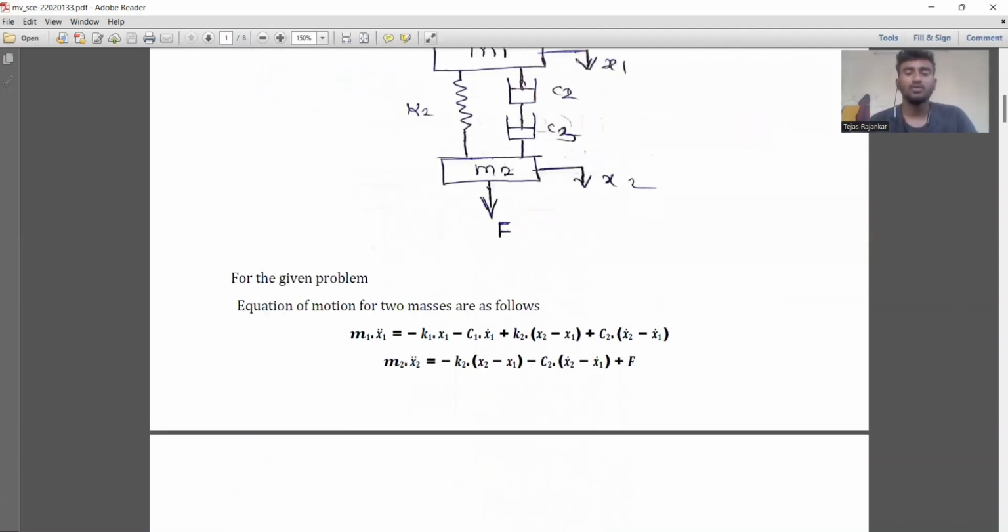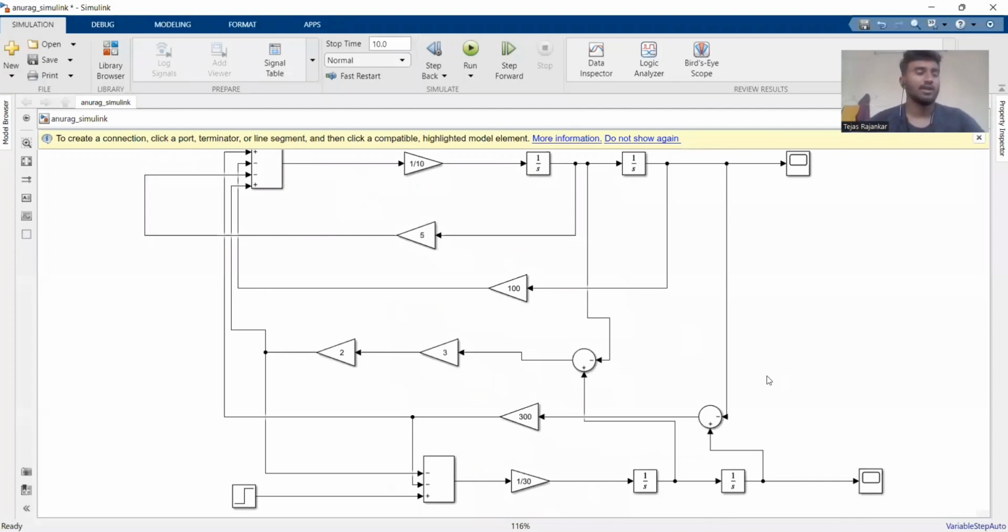So this was the introductory part, problem statement and equation. Now moving towards the Simulink part. First of all, I open MATLAB, then go to the editor window, put in the input parameters and press the run button. After that, I came to the home tab, then went to Simulink.